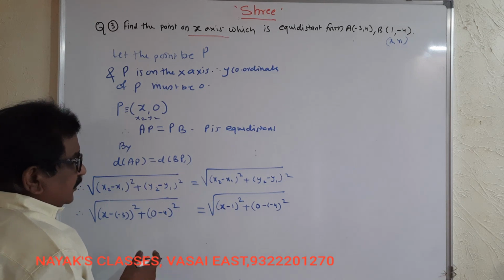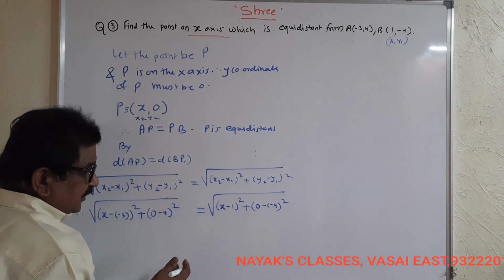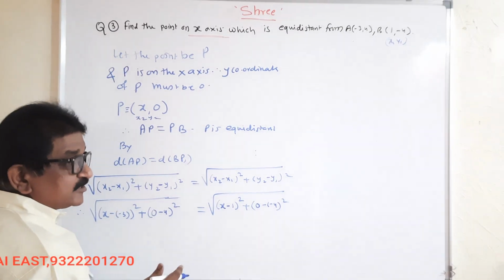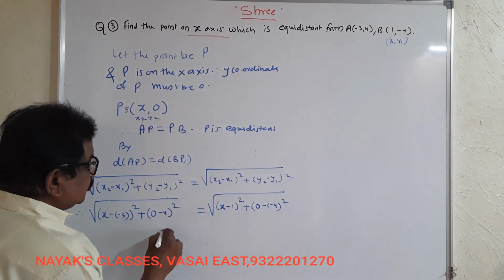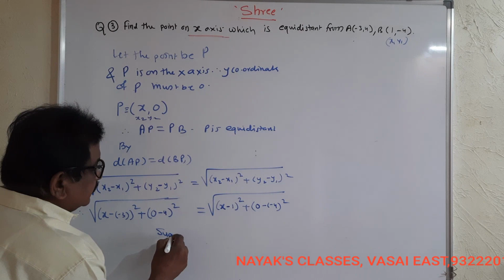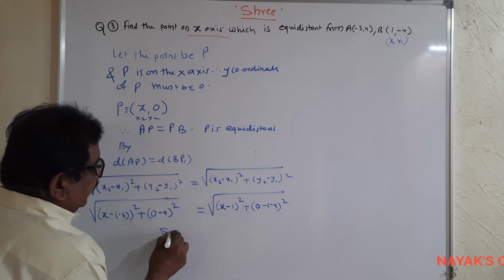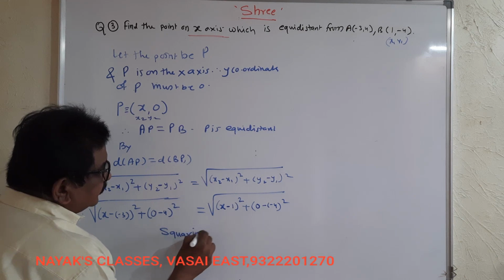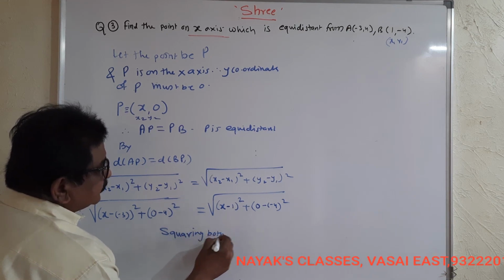Instead of doing all these things, we have to remove the square root sign, squaring both sides.